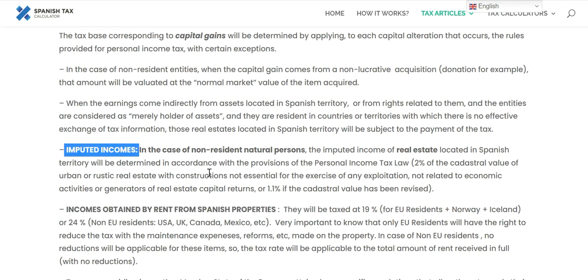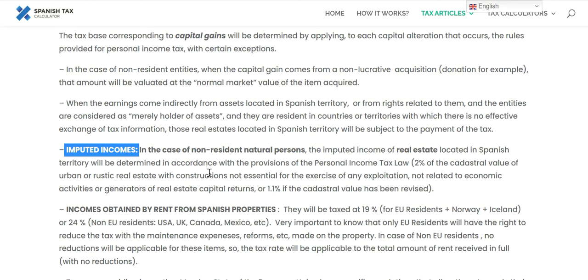Imputed incomes are those that the Spanish system considers that a non-resident owner of a property in Spain obtains in Spain even if the property has not been rented. For example, a case in which a British or German or French national or resident buys a house in Spain for vacation and the property is not rented during all the year.